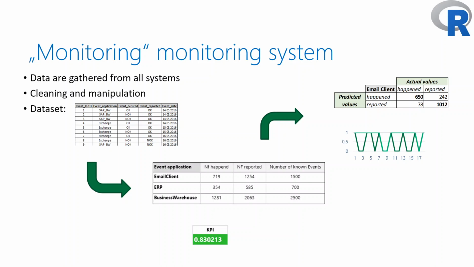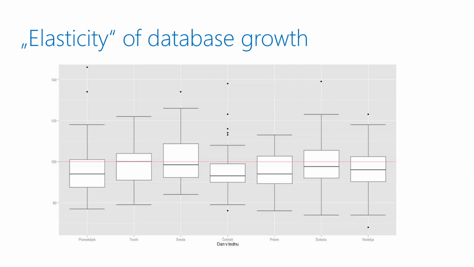This is very useful when you have all the data gathered, because you can do analysis of a particular event, whether it was really happening, and if it happened, whether it was really true when, for instance, a monitoring system triggered a notification system. And you can also do elasticity of the database growth.